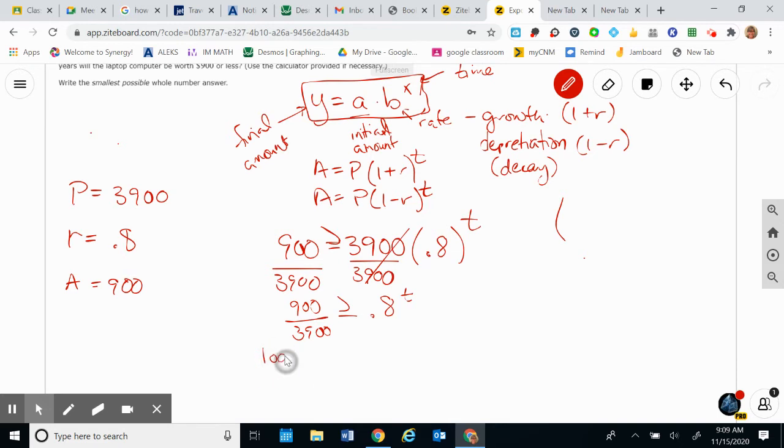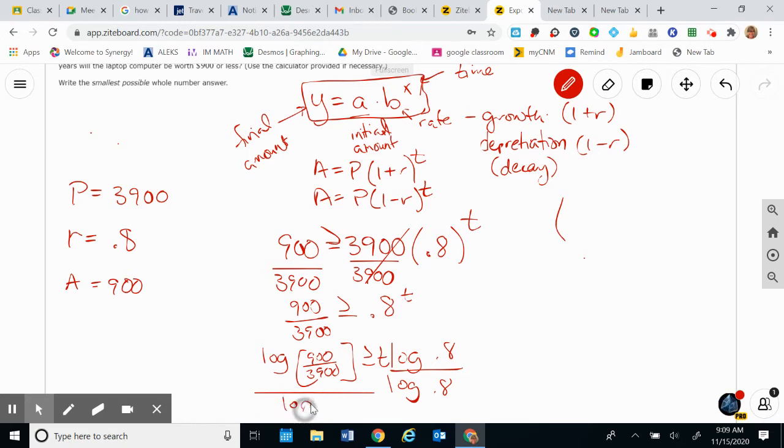So it's the same process. Log of 900 divided by 3900 greater than or equal to log of 0.8, and we're going to bring down the t. Then we're going to divide by log of 0.8 on both sides.